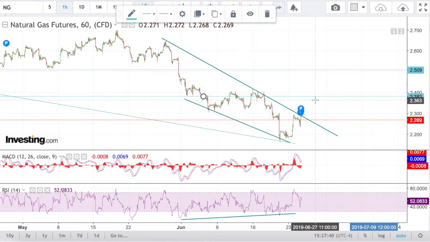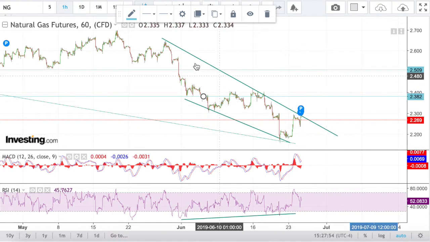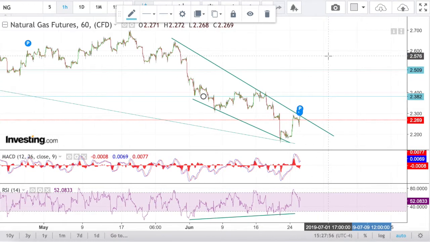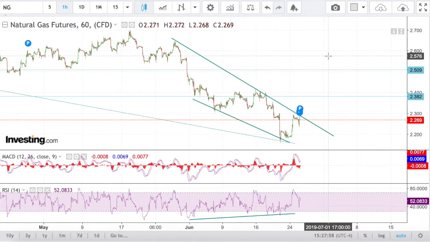On UGAZ that would be 15% and 30% respectively for the trade setup. So not bad gains. Definitely something on the short term that I'm going to be looking at and waiting for. So for the hourly chart, that's about it. Let's take a look at the longer term view of natural gas.